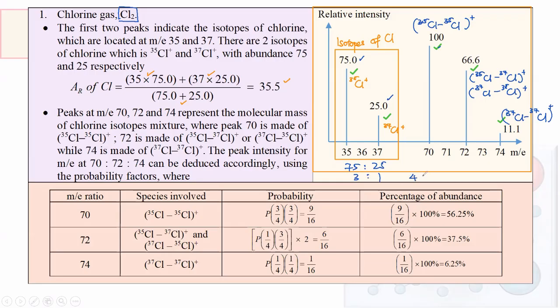If you have 4 particles of chlorine, 3 of them are chlorine 35, and 1 of them is chlorine 37. Imagine you are drawing 3 blue pens and 1 red pen. What is the probability for you to draw blue pen 2 times? It is 3 over 4 times 3 over 4, so you get 9 over 16.